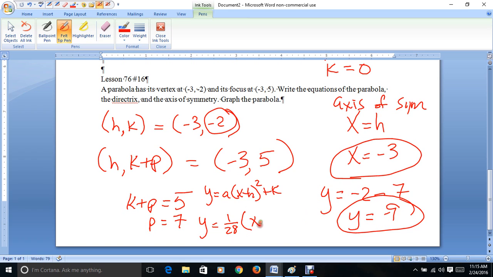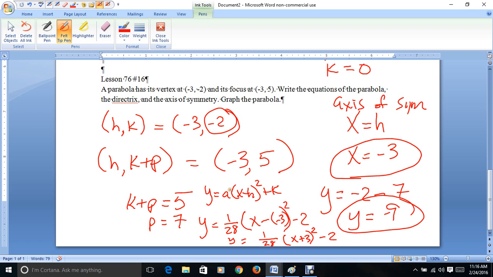And then x minus h is x minus negative 3, squared, plus k. k is negative 2, so minus 2. So the equation for this parabola ends up being y equals 1 over 28 times x plus 3 squared minus 2. That's the equation of the parabola.